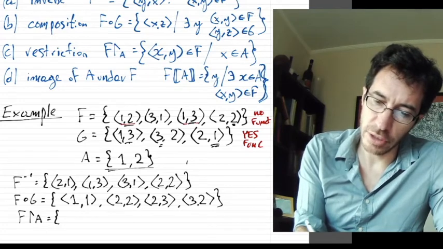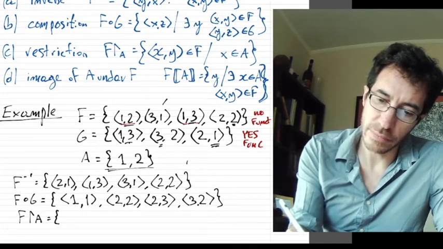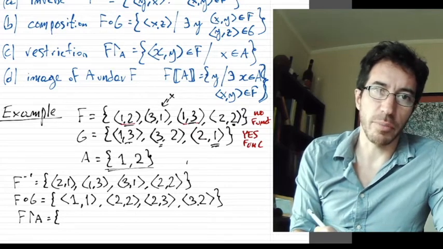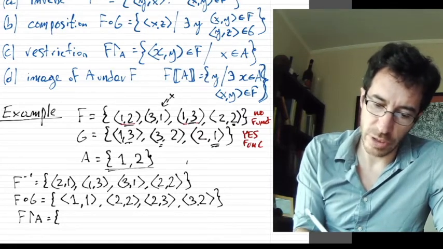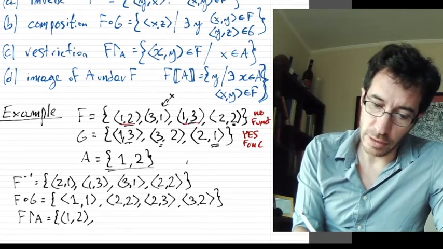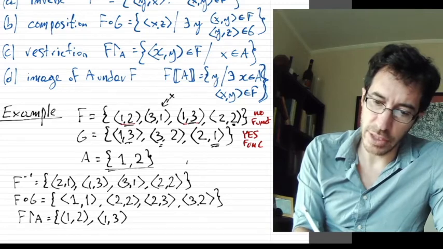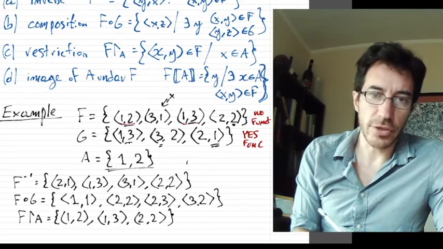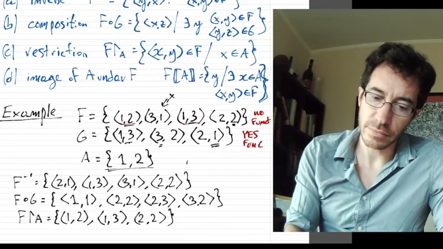The second tuple is the one whose first component is not in A, so the other ones are in A. So we get (1,2), (1,3). It doesn't matter that the 3 is not in A; it's the first component that matters. And (2,2). Okay, so that's the restriction of F to A.